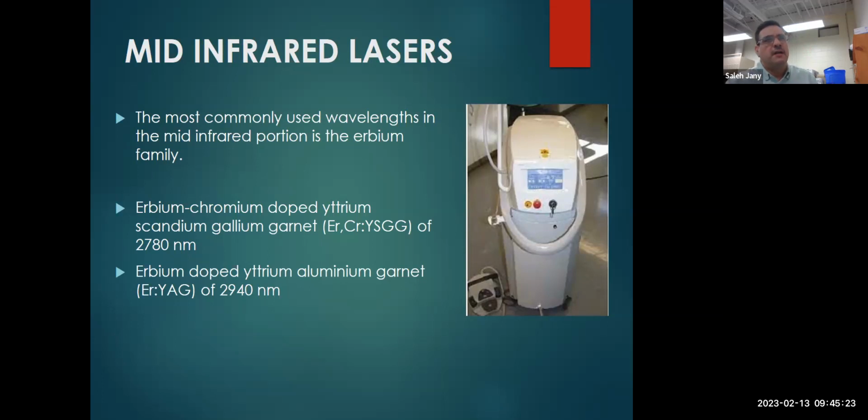So imagine people have calculus or tartar on their teeth, on the root of the teeth. This one has a diagnostic effect. When you put the handpiece there, it will send a special light, regular light, and when the fluorescence comes back from calculus, it will send energy to remove the calculus until it reaches healthy tooth structure.